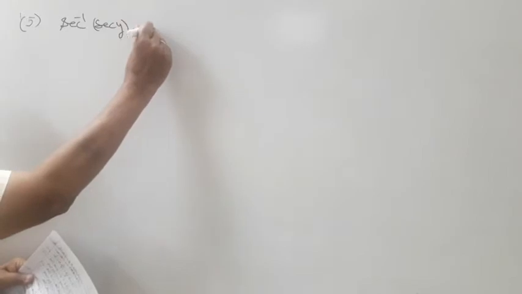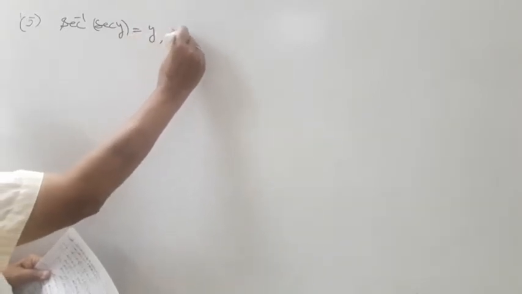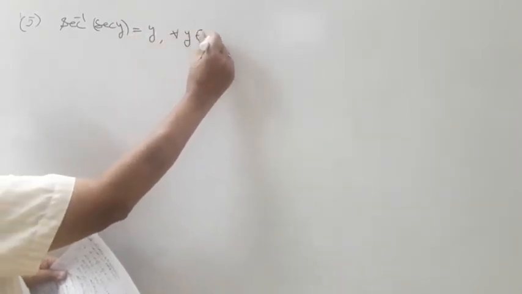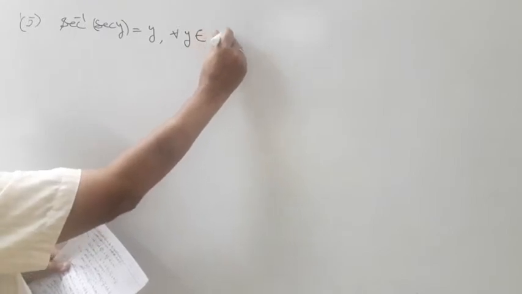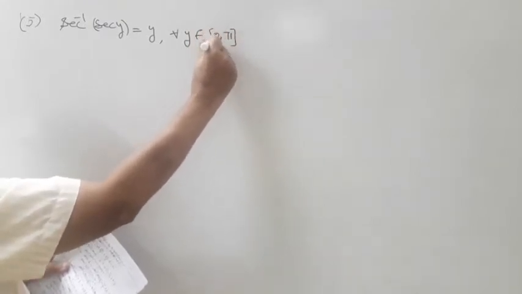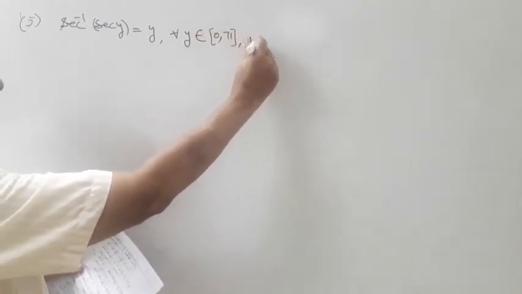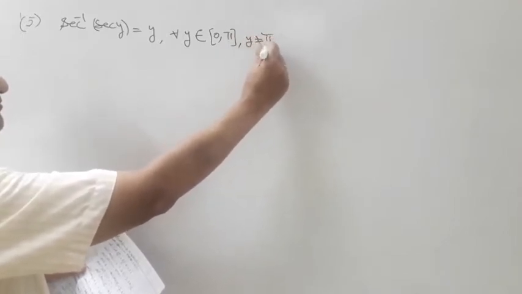Yes. Now the fifth case is secant inverse of secant y. Secant inverse of secant y is equal to y for every y belonging to 0 to pi closed, but y is not equal to pi by 2.